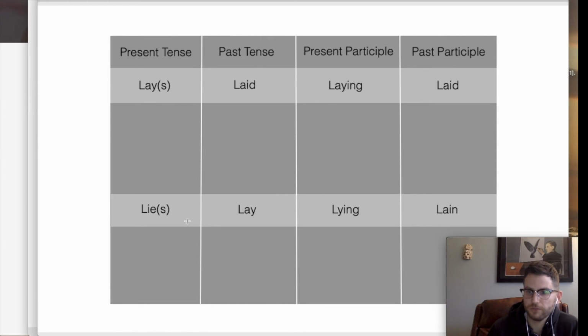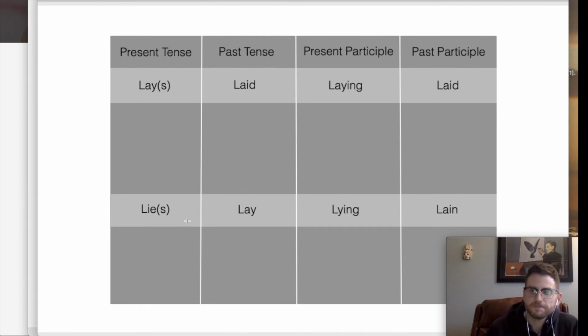Otherwise, we're going to really confuse people. And so, in order to do that, grammarians or someone at some point decided we have to come up with a different way of conjugating to lie when we're talking about someone telling a fib, and we have to also conjugate it a different way when we're talking about somebody putting their head down on a pillow. So here's the conjugation table.